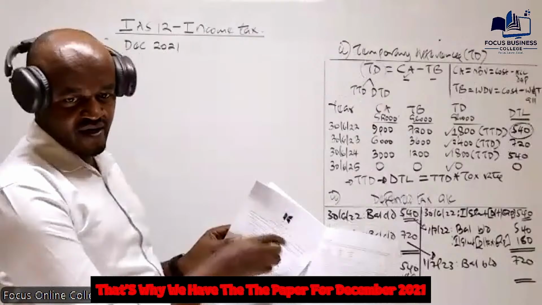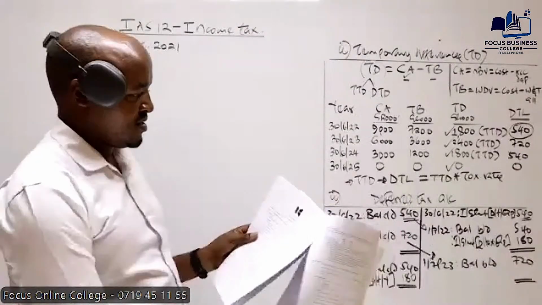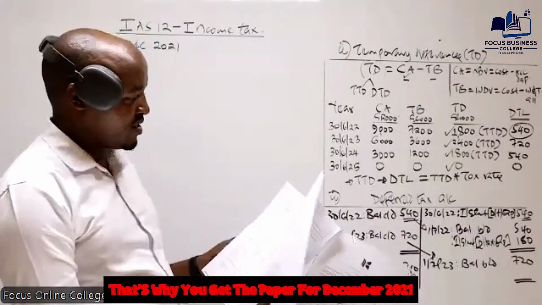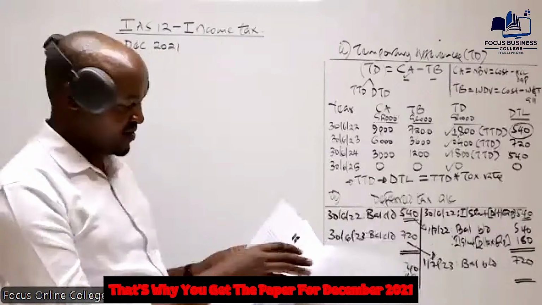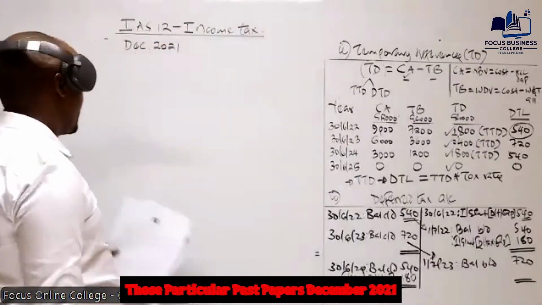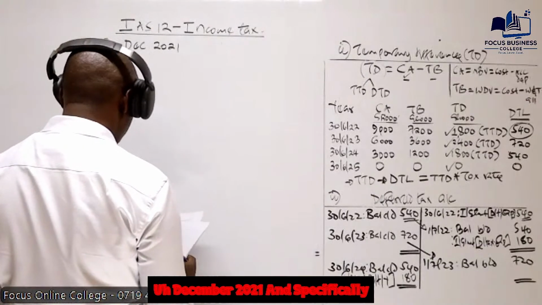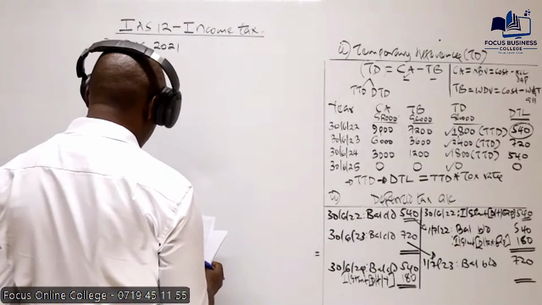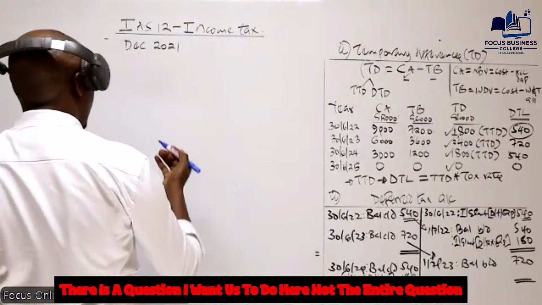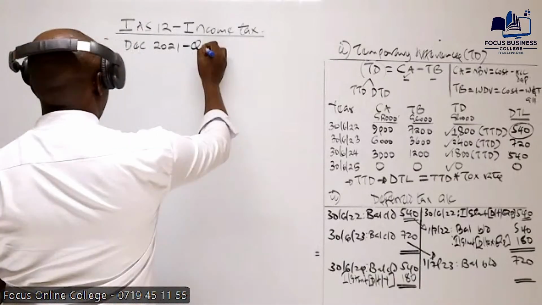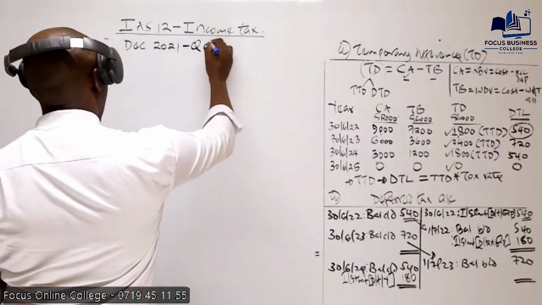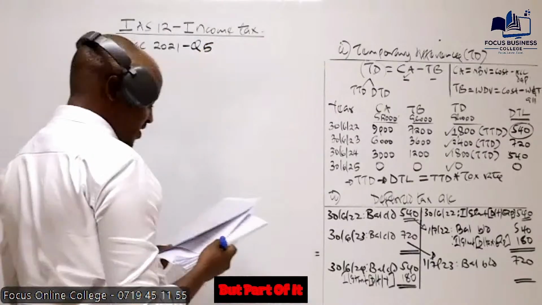Almost at the end of these handouts, those particular past papers, December 2021, and specifically, there is a question I want us to do here, not the entire question, but part of it.